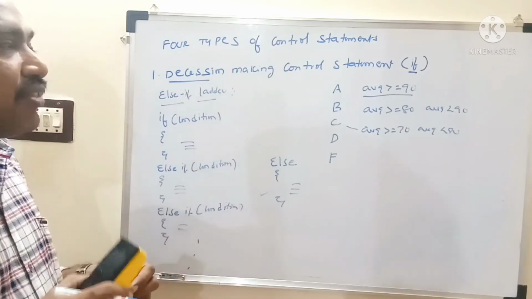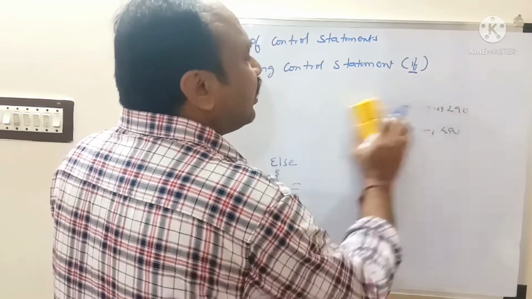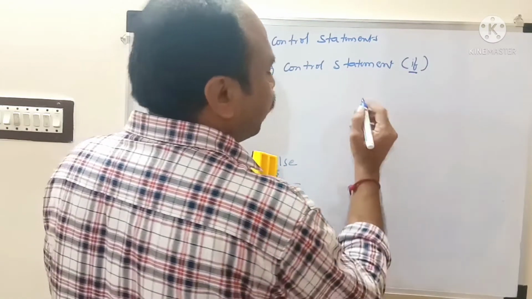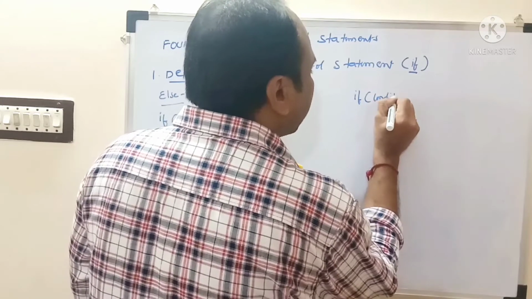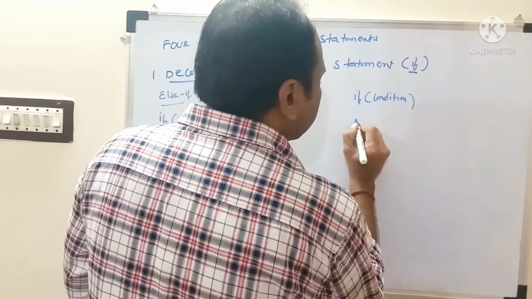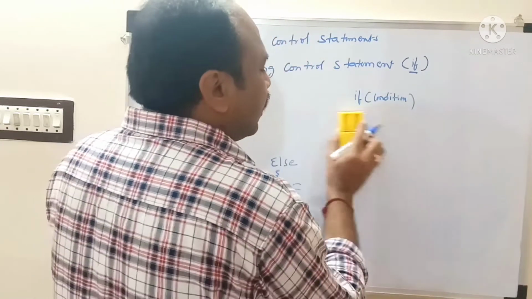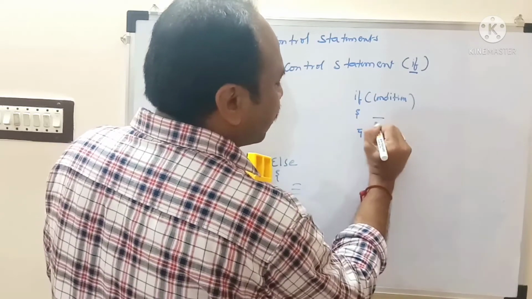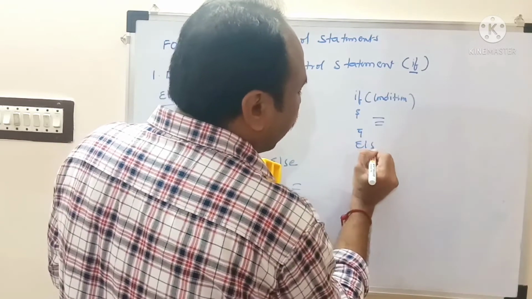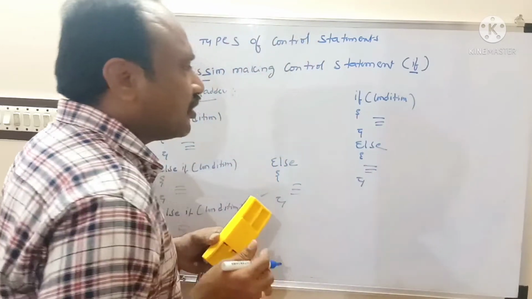Some of the students will raise one doubt. Sir, in some books, while writing if and else blocks or else if blocks, they simply write like this: if of condition, else, they write like this. But actually, in my video I explained, in an if block, if of condition statements, the if block should always be followed by else block statements.